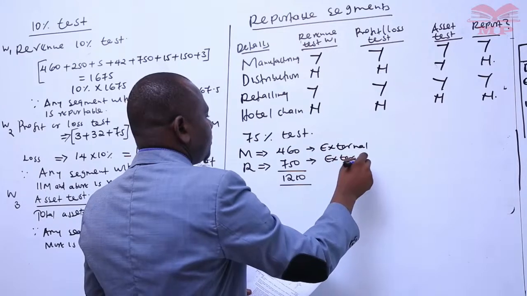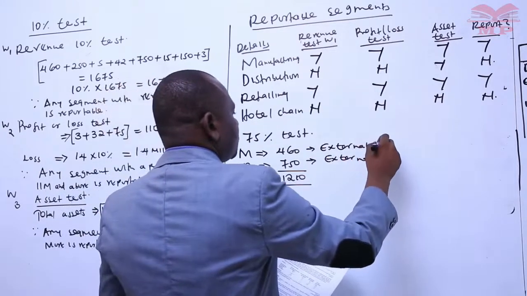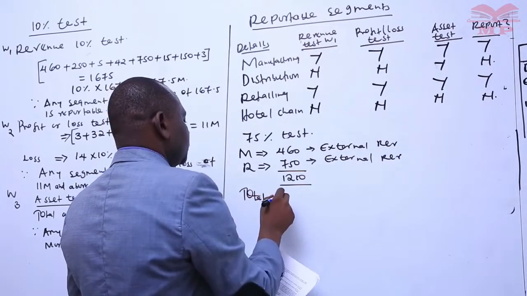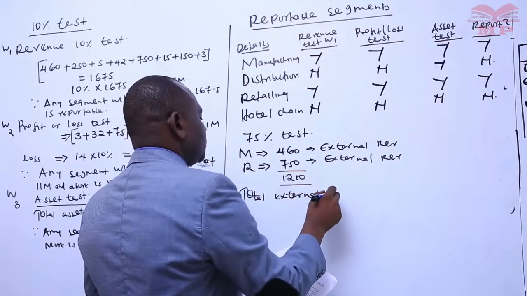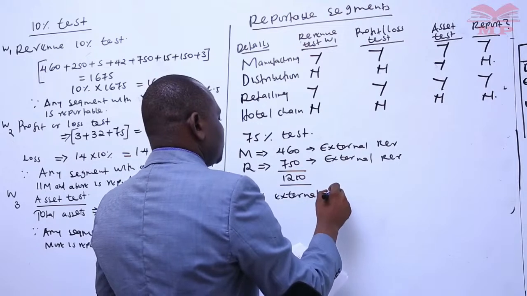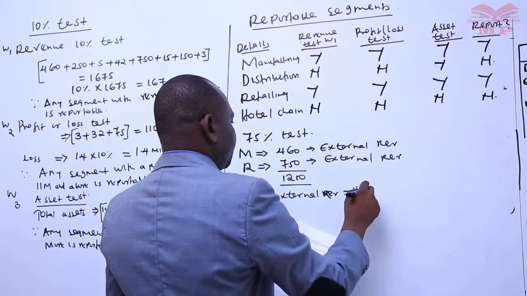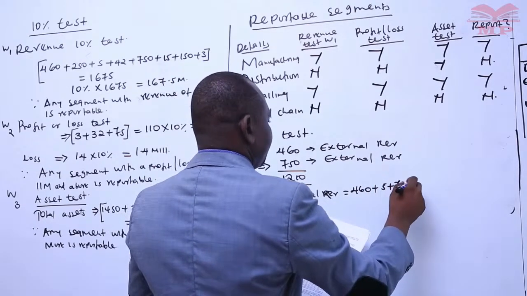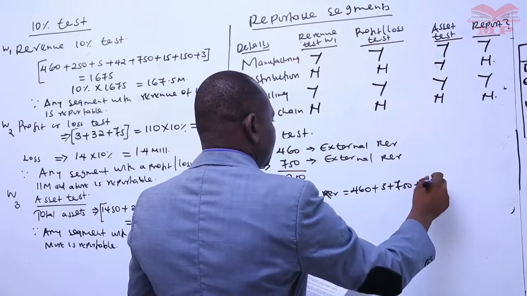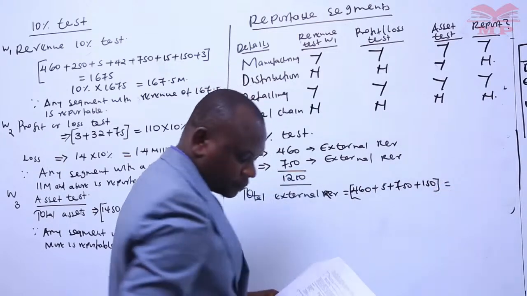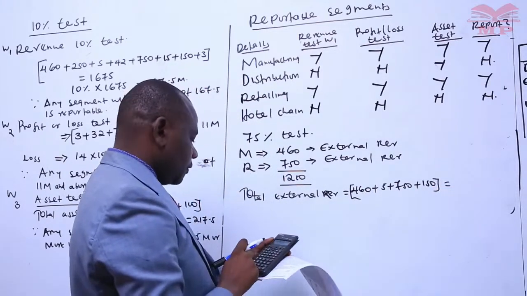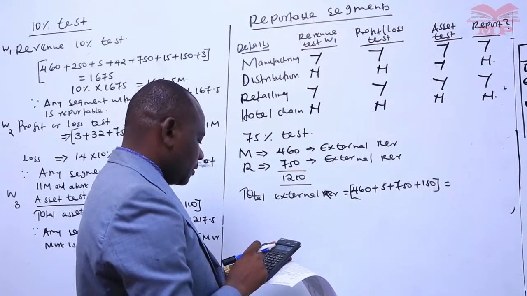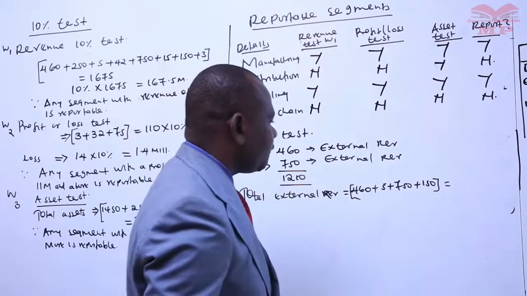Then total external revenue is equal to 460 plus 5 plus 750 plus 150, giving you 460 plus that's 465 plus 900, 1365.